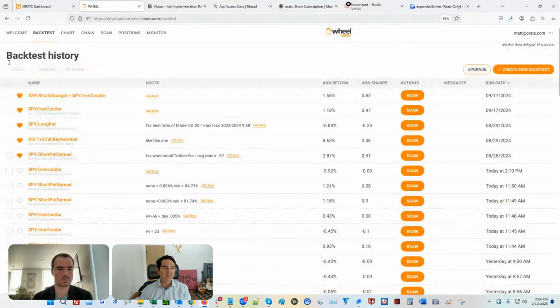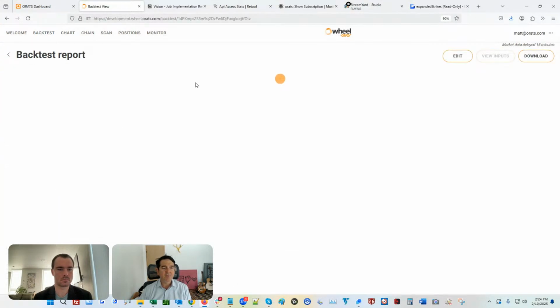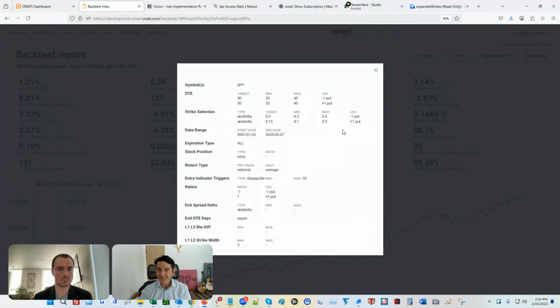So now let's see, I ran this with, I said none, but I ran this with a slope percentile. Now this is a maximum this time. So the other time we wanted to do it above 66 for the implied volatility rank, right?